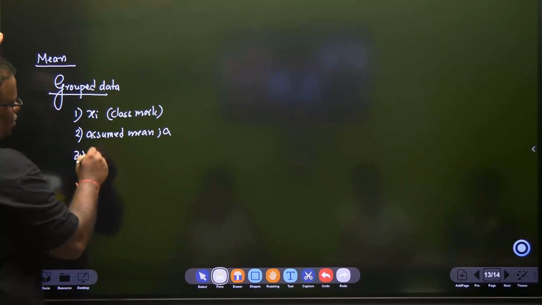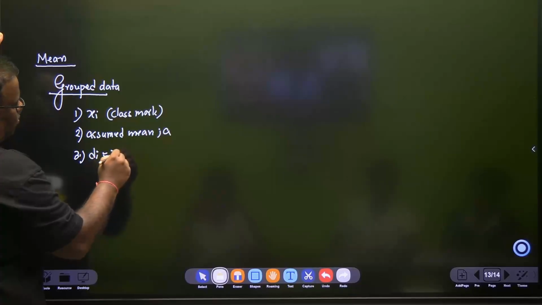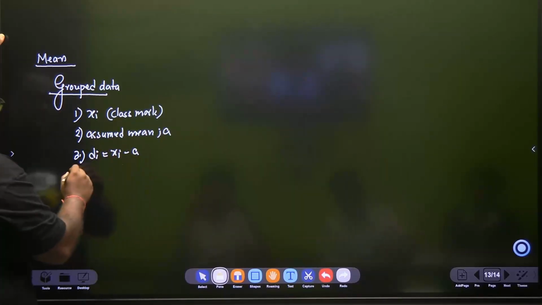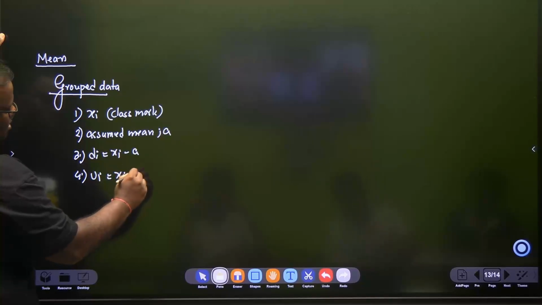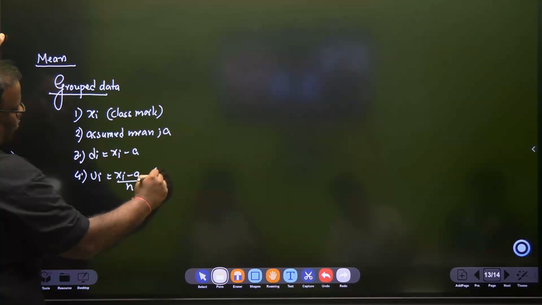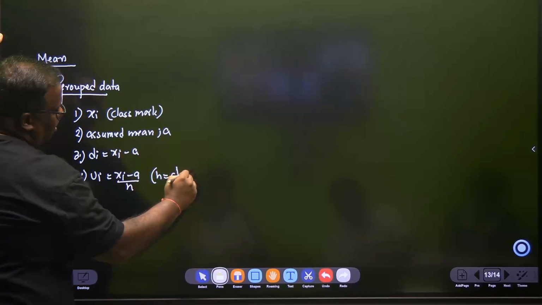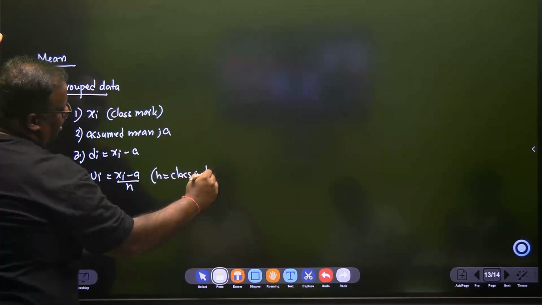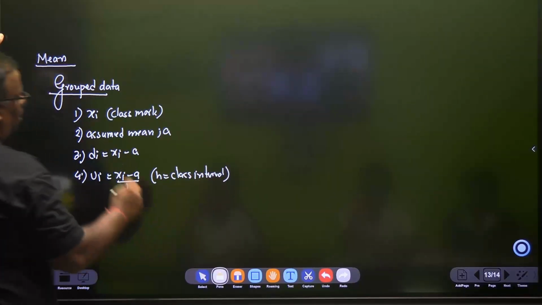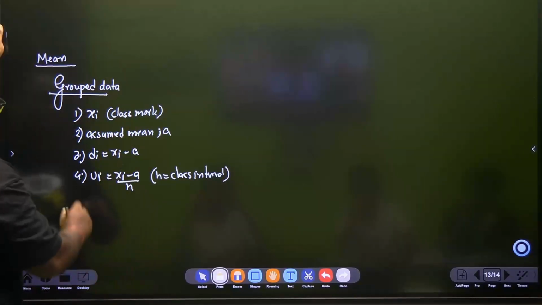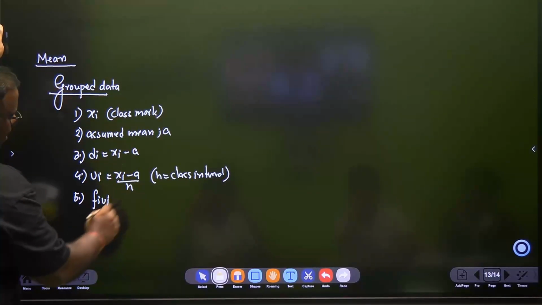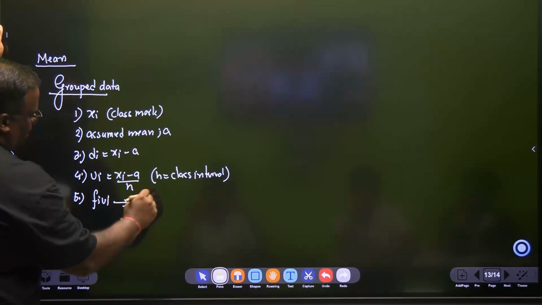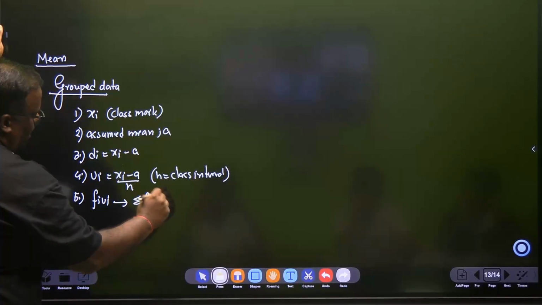Once you have found your assumed mean, find your di, which is xi minus a. After that, you can find your ui, which is xi minus a divided by h, where h is equal to class interval, not mark. Class mark is this one.